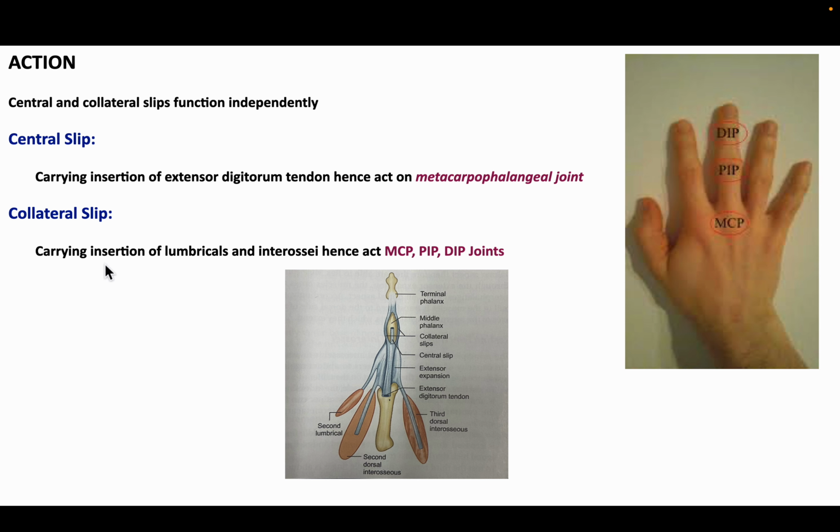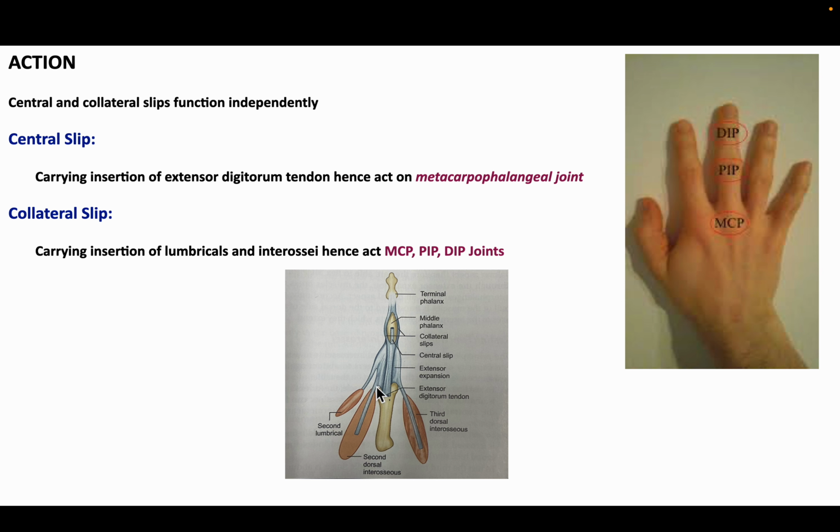Now the collateral slip is carrying the insertion of what? That is lumbrical and interossei. So definitely these interossei and lumbrical muscles, they are going to insert where? So lumbrical is going to insert into this extensor digital expansion, but these interossei are going to end where? We have discussed that.